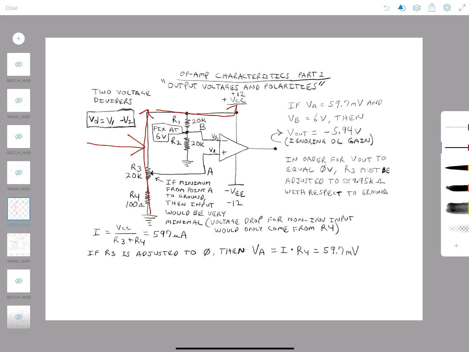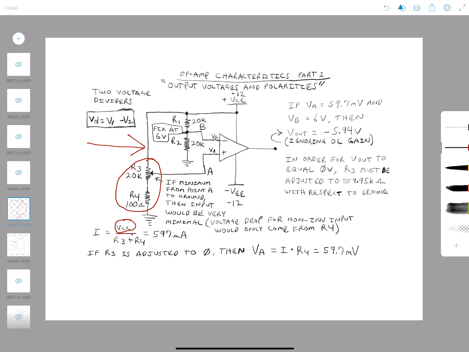If we look at this current flow, the direction of it and everything, we can see that we have 2 resistors in series with each other going up to our 12 volts, and that is these 2 right here. To figure out total current, we need to know total resistance, and in this case we have a total resistance of 20,100 ohms.